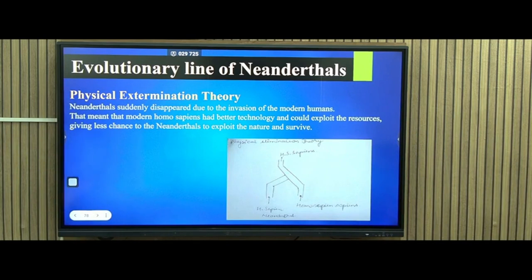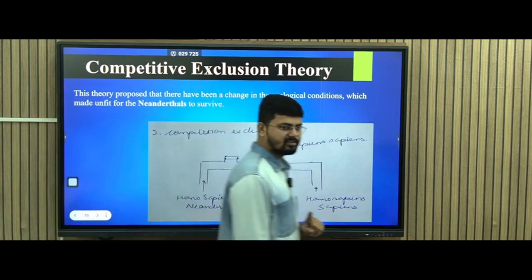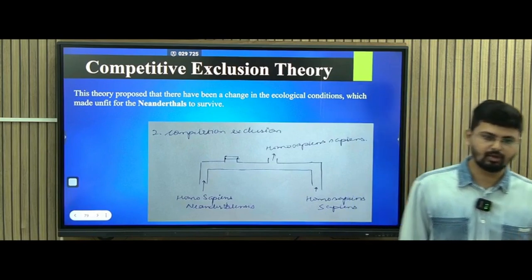These people could not compete with the Homo sapiens because they were less evolved. So there was less chance for the Neanderthals to exploit nature and survive, because they were not as equipped as the Homo sapiens to deal with nature better. This is physical extermination. So these people invaded there, and they vanished.